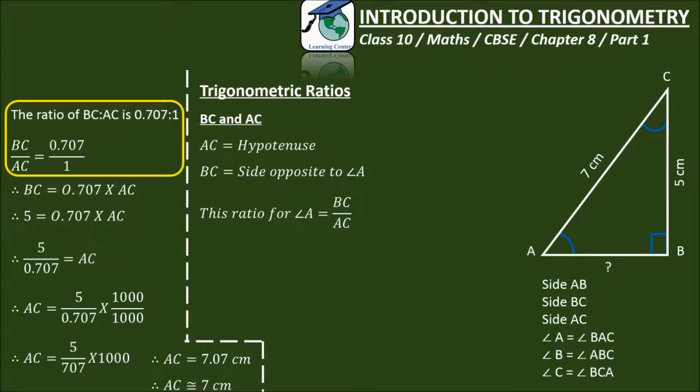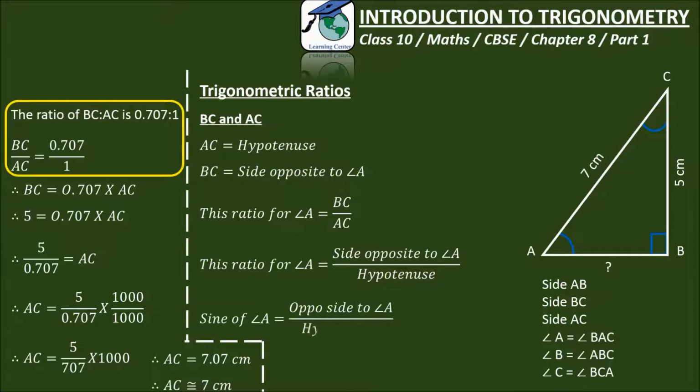So I can write that this ratio for angle A is equal to side opposite to angle A divided by hypotenuse. In trigonometry, this ratio for angle A is called as sine of angle A. So sine of angle A is equal to opposite side of angle A divided by hypotenuse. This is our first trigonometric ratio.